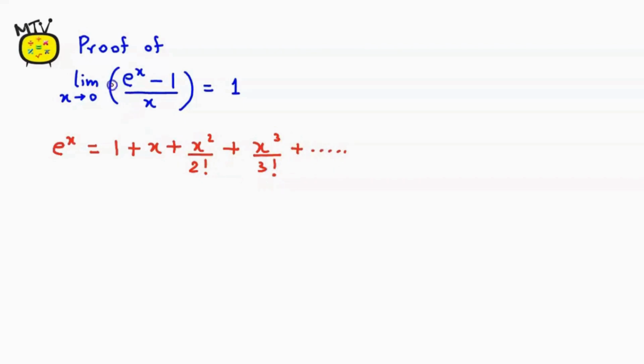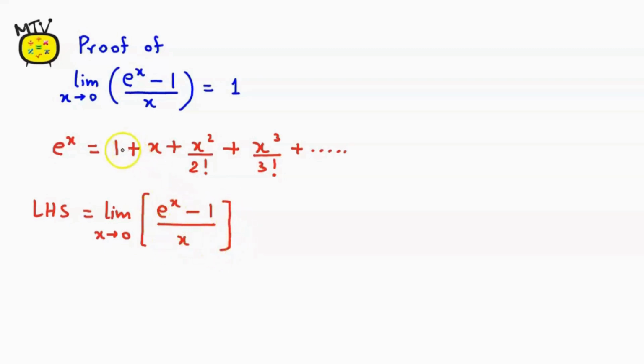So now let us begin with the left hand side. Now left hand side is equal to the limit as x approaches 0, and the function here is (e raised to x minus 1) divided by x. Now we simply replace e raised to x by the series on the right hand side.